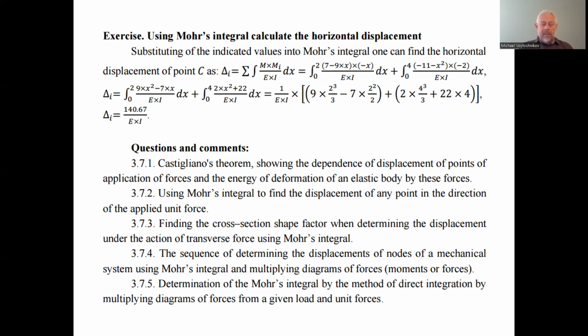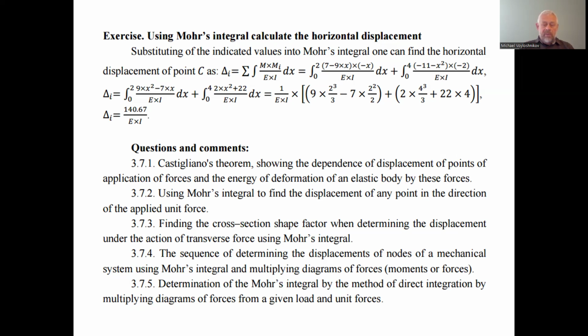And second step, we have to determine the diagram of the action of the unit force in the direction in which we want to find the displacement, and the action of the external load. It cannot be just a force diagram, it can be a diagram of unit efforts. So for example, if we have the assignment to find the rotational displacement of one definite point of the mechanical system, this will be the unit bending moment.